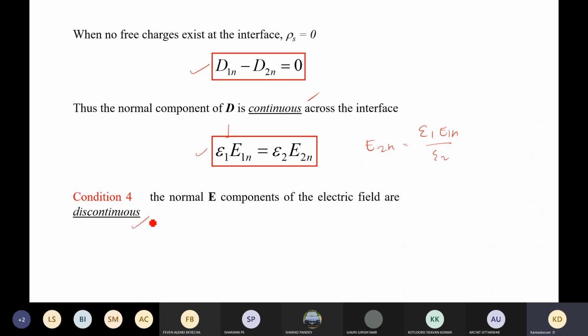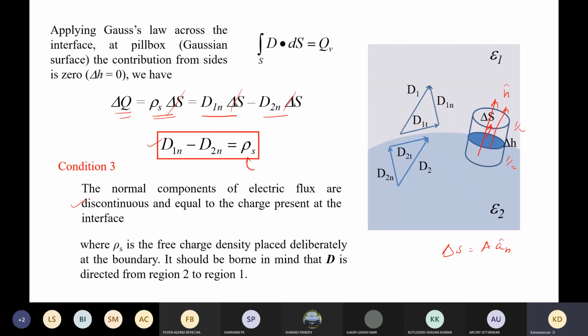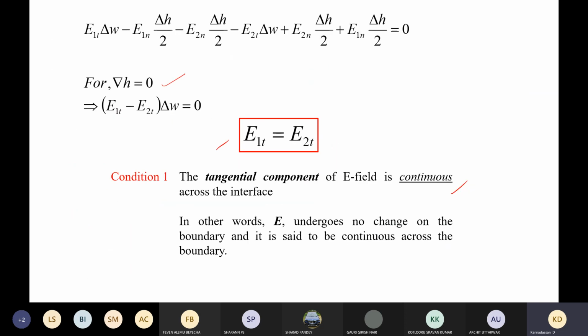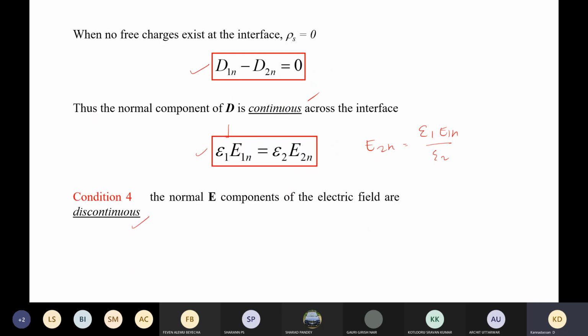Thereby, normal components are not continuous. They will be continuous only if there is no charge density available. However, for the tangential component the electric field is continuous, but for the normal component, it is not continuous. And this also gives the idea of how to calculate the second term.